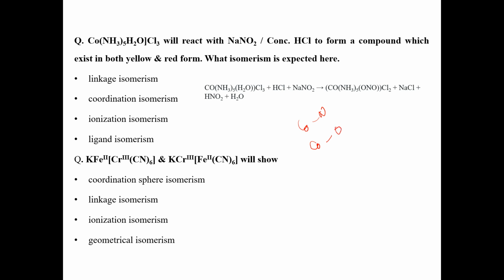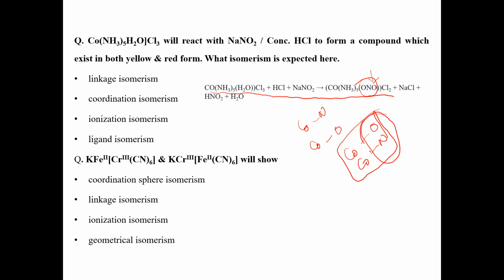You can see in this reaction, this is the NO2 ligand. It can connect through oxygen or through nitrogen. So this type of isomerism is called linkage isomerism. These concepts have already been discussed in the respective assignments.